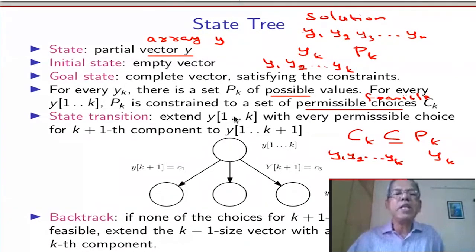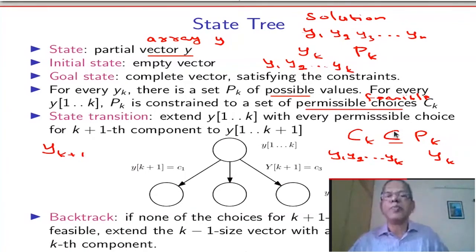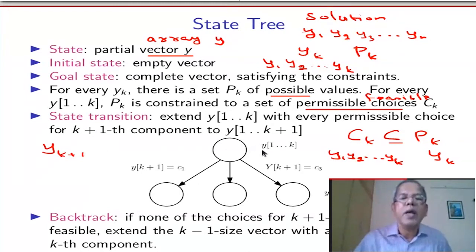Okay, we are given a partial solution y1 to yk. We want to extend it to y1 to yk plus 1. That means we want to consider every permissible choice for yk plus 1. So as shown here, the state y1 to yk is represented by a vertex.